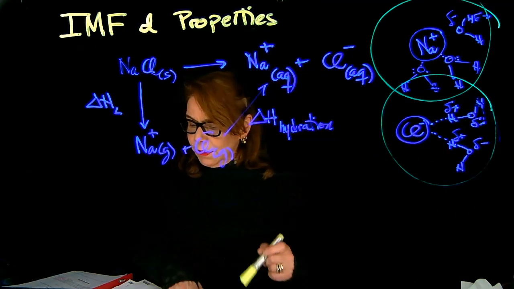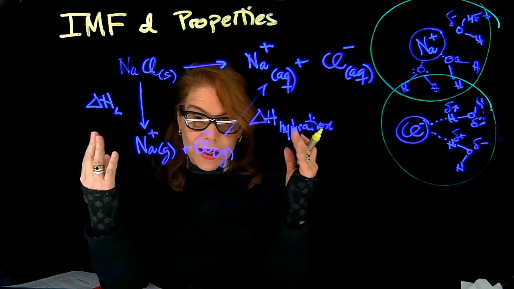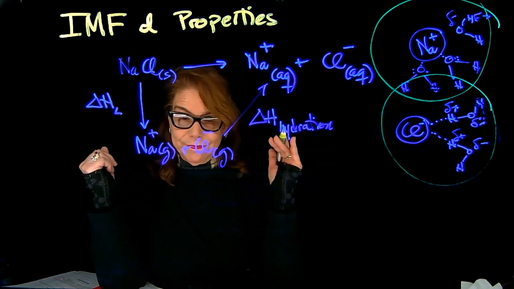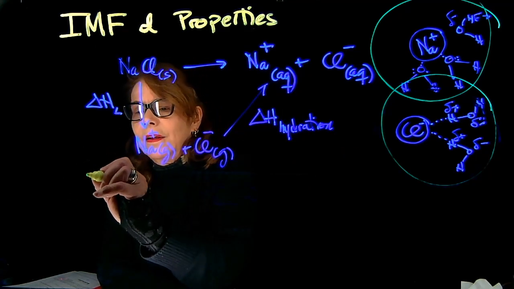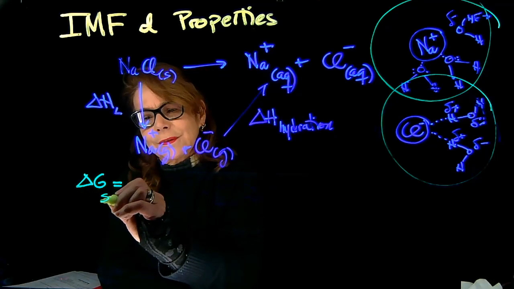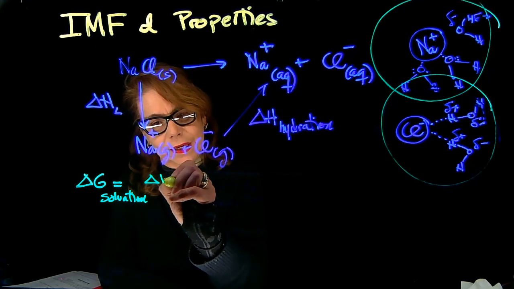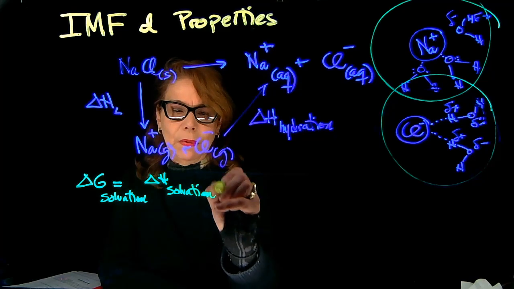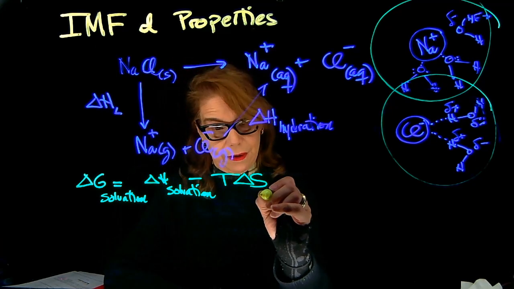We also know that we can determine whether a process is product-favored by calculating the change in Gibbs free energy. So we know that delta G of solvation will be equal to delta H of solvation minus T delta S, the change in entropy of that process.